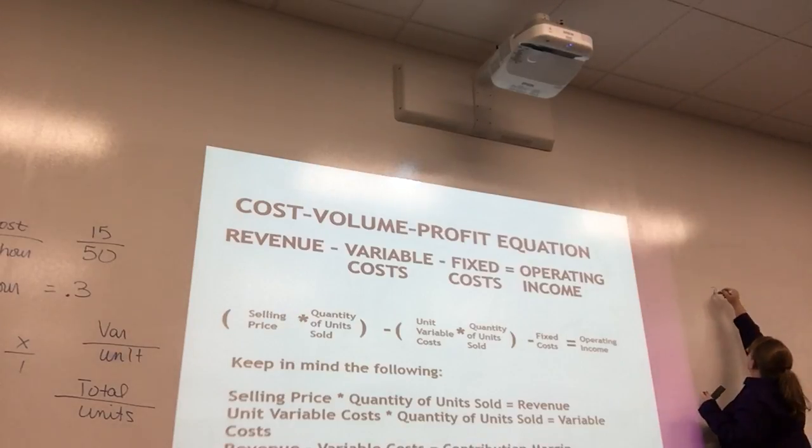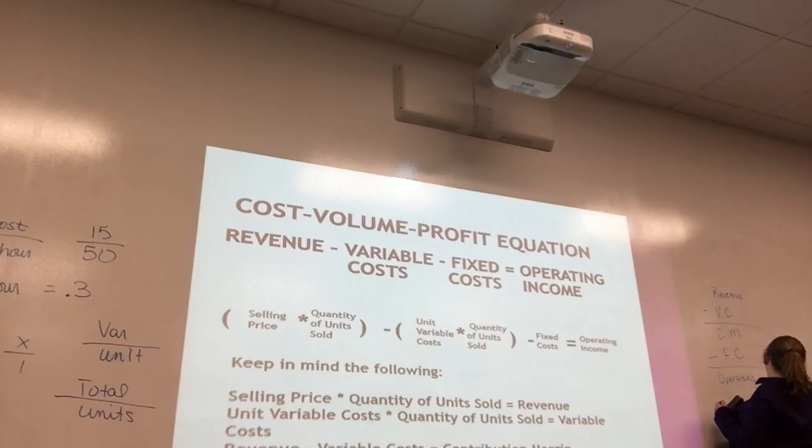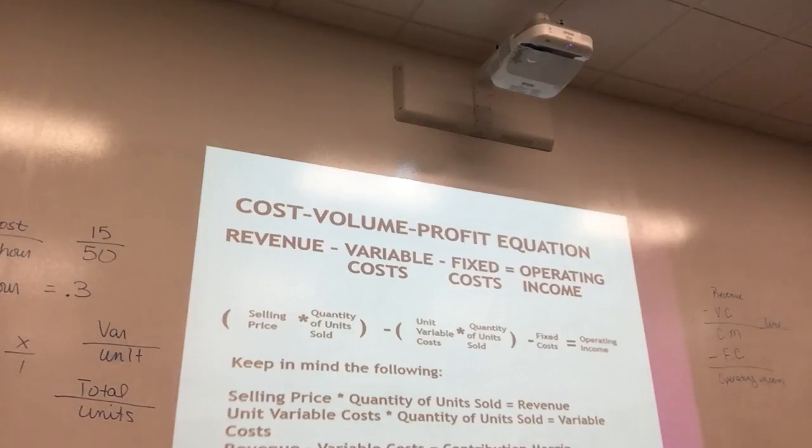So you have your revenue minus your variable cost equals your contribution margin, minus your fixed cost equals your operating income. And this is the line. When I say above the line, below the line, the contribution margin is above the line.